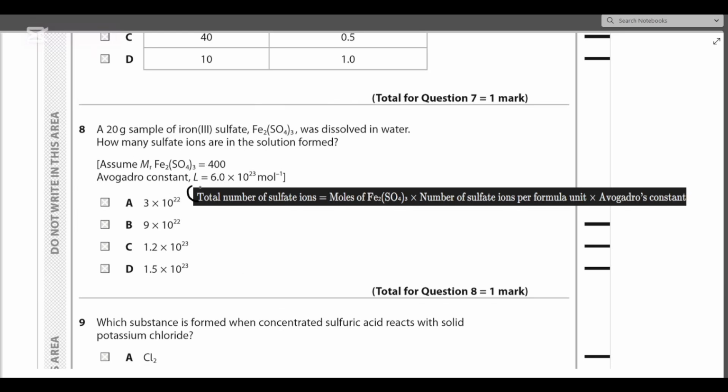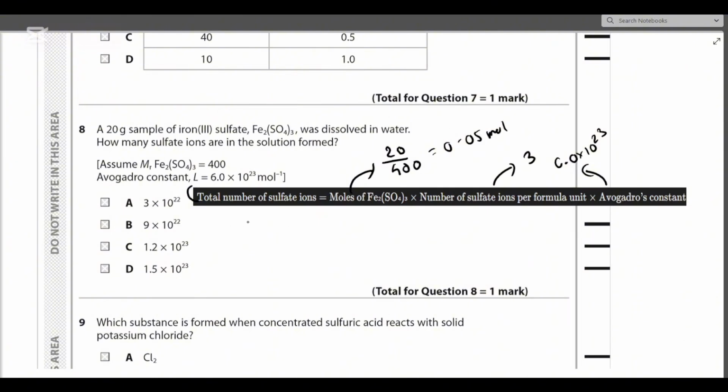Now you know the mass, you know the molar mass, so you can easily find the moles, which is 20 divided by 400. If you do the math down here, you have exactly 0.05 mole. The number of sulfate ions is 3, and the Avogadro constant is about 6 times 10 to the power 23.